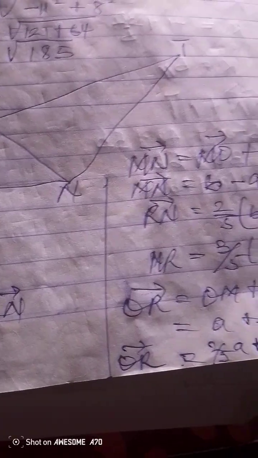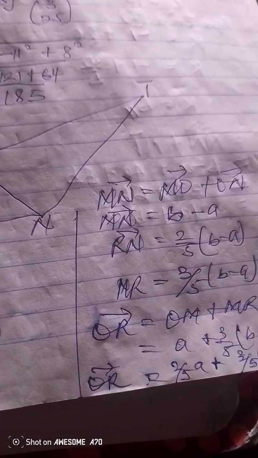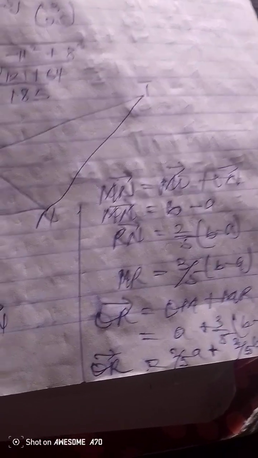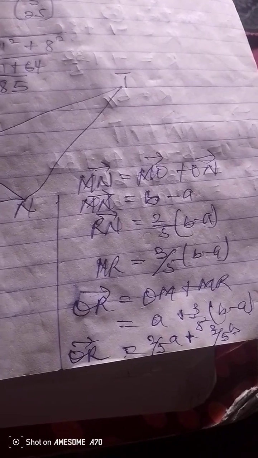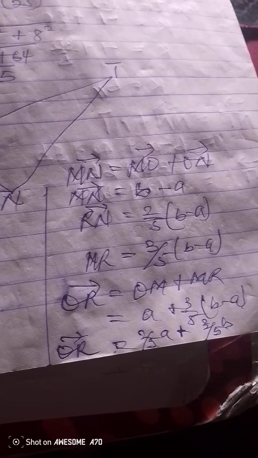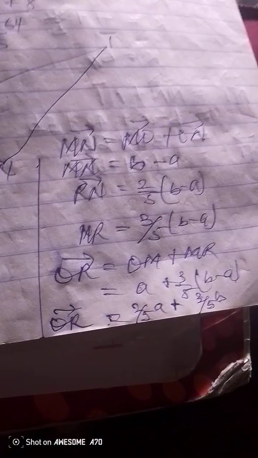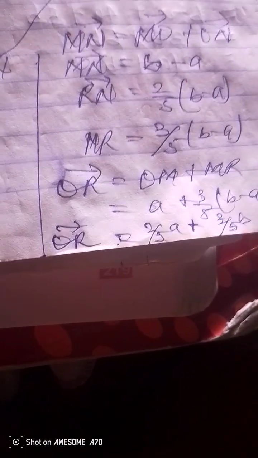So let us find OR. OR is equal to OM plus MR. OM is given as a, then MR is given as 3 over 5 of (b minus a). So if we open the bracket and simplify, we have OR as 2 over 5 of a plus 3 over 5 of b. That is OR.